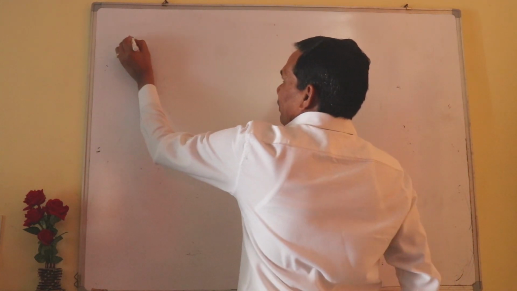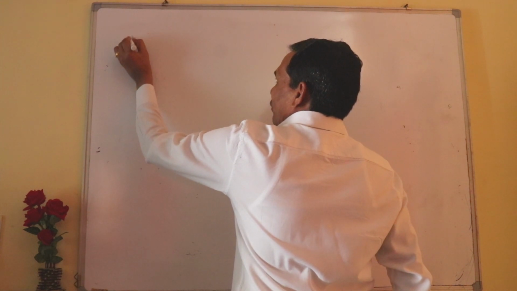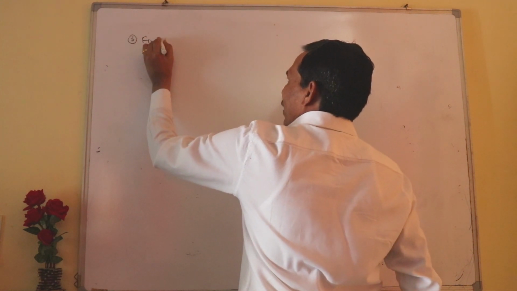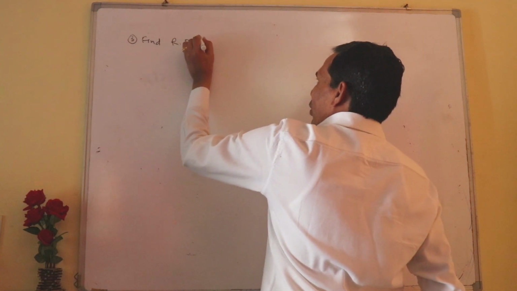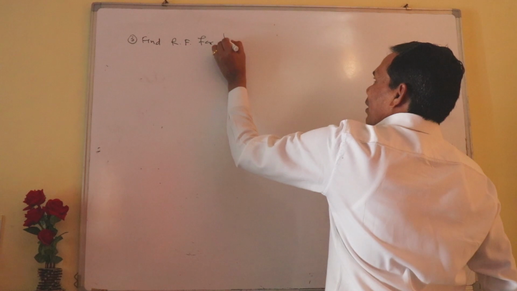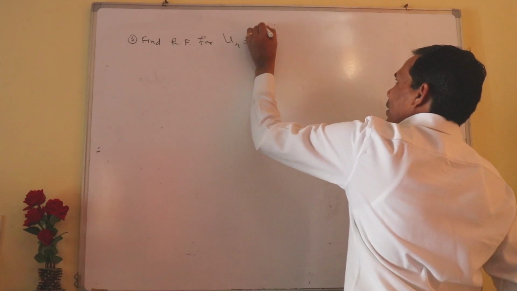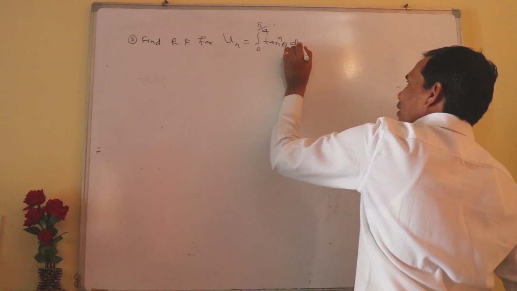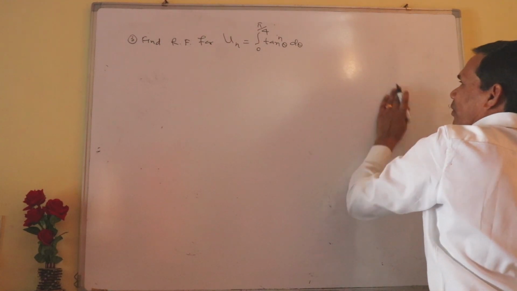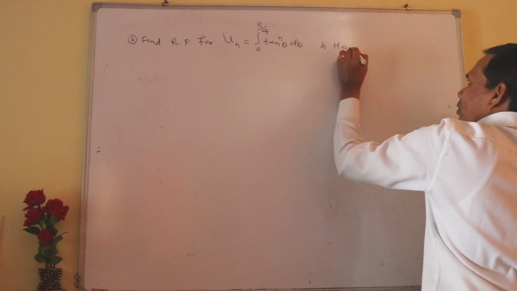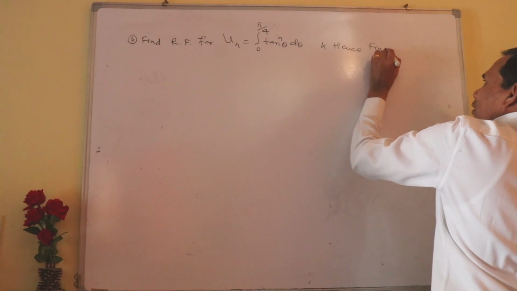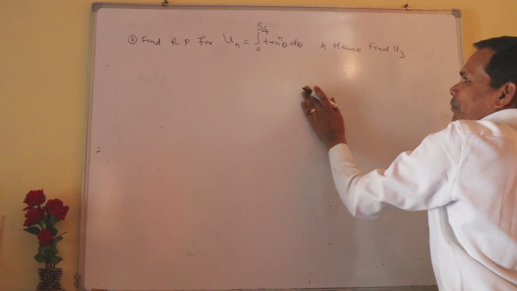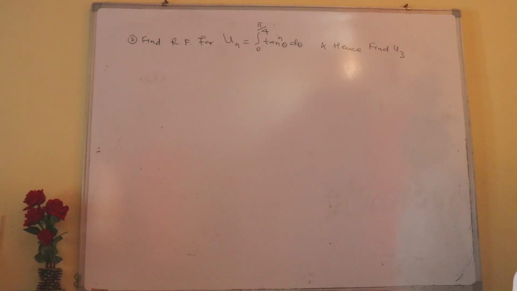Suppose the next example is this: find reduction formula for the integral un is equal to 0 to pi by 4 tan raised to n theta d theta, and hence find u3. Now if you observe here, to find reduction formula for this, we are connecting un with un minus 2.